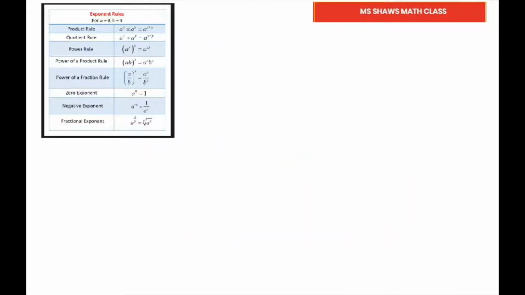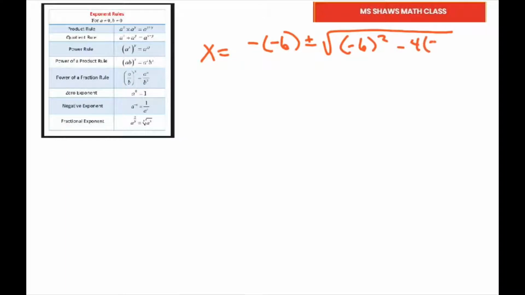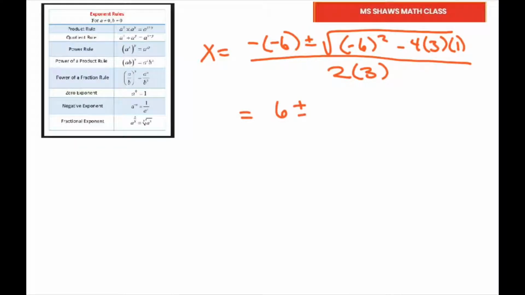So when you plug it all in, you're going to get x equals negative times negative 6 plus or minus the square root of negative 6 squared minus 4 times 3 times 1, all divided by 2 times a, which is 3.